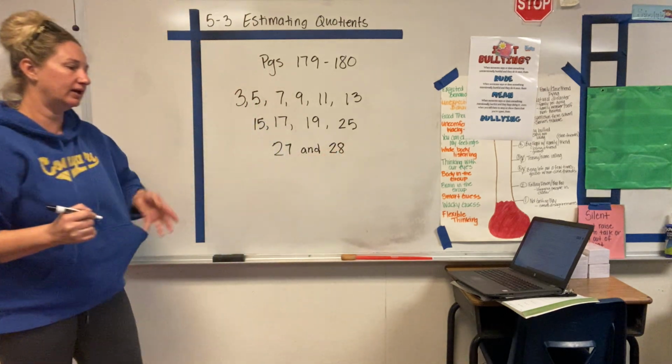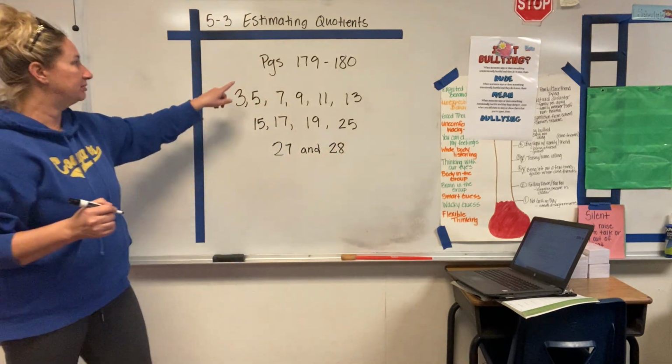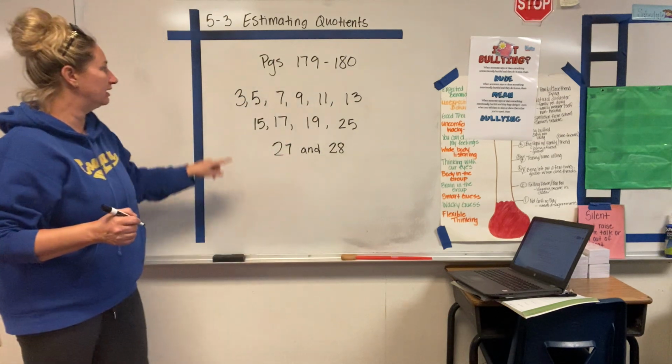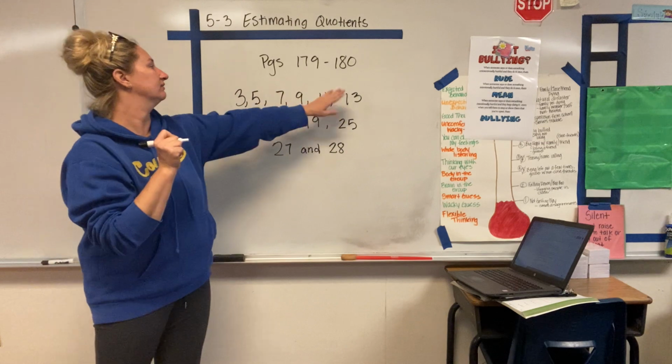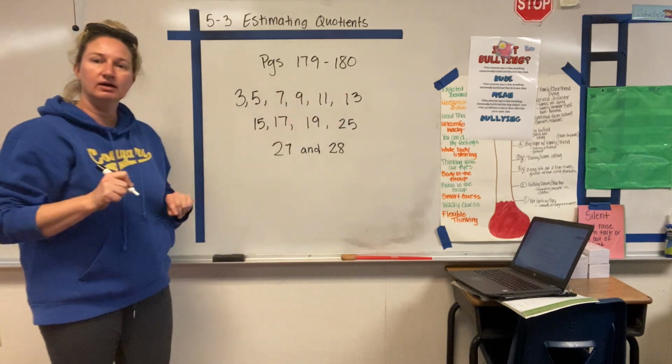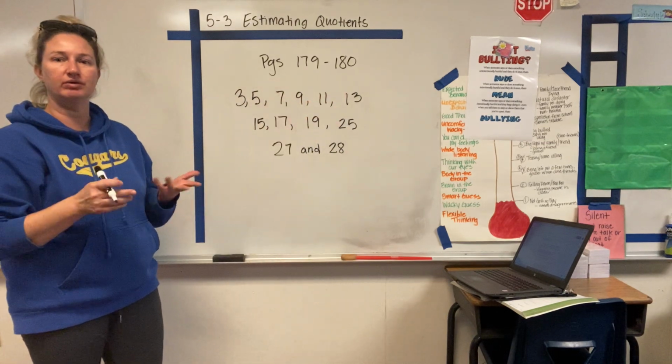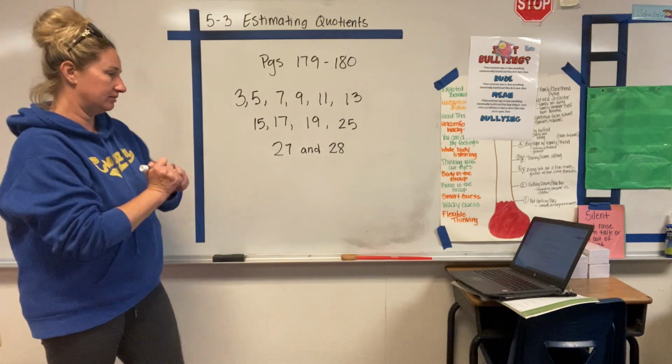So you can go ahead and go in your book to page 179 and 180 and just circle 3, 5, 7, 9, 11, 13, 15, all those. So you know which ones you're going to do when you stop the video.